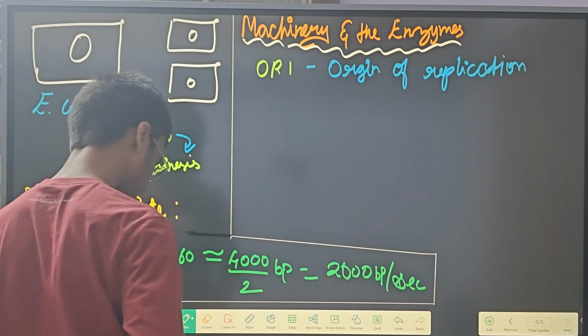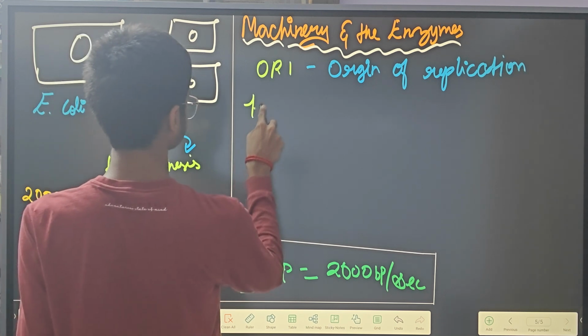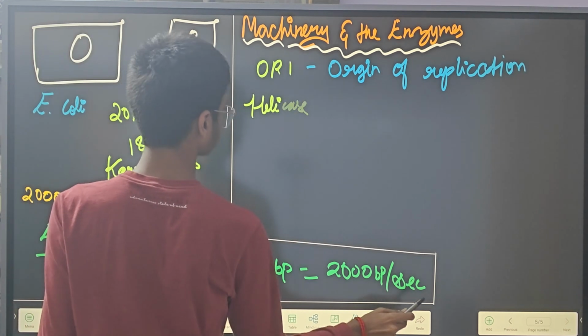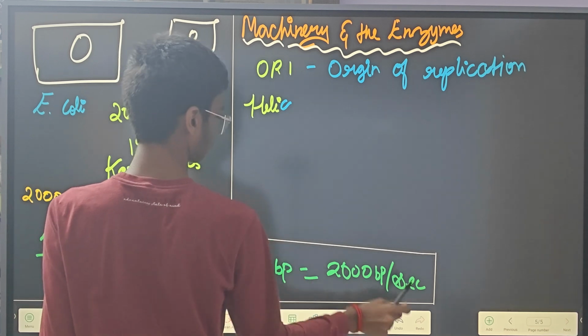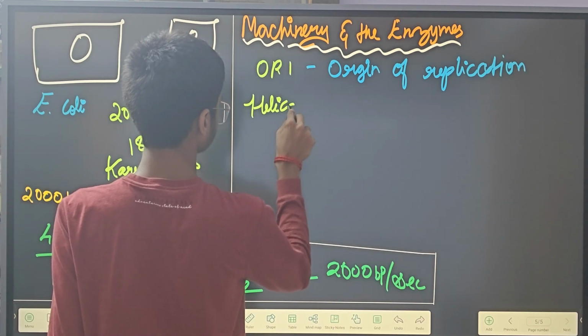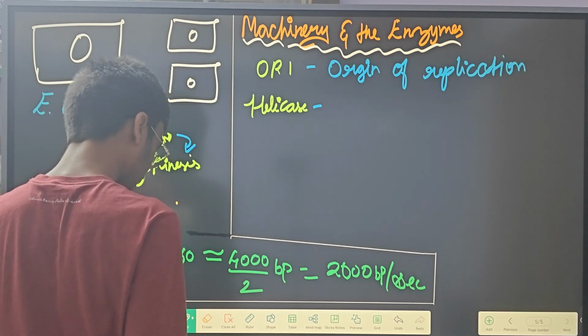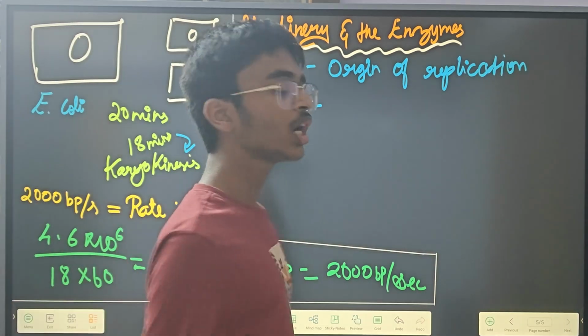Then after this ORI, there is another thing that is called helicase. Helicase is actually unwinding.